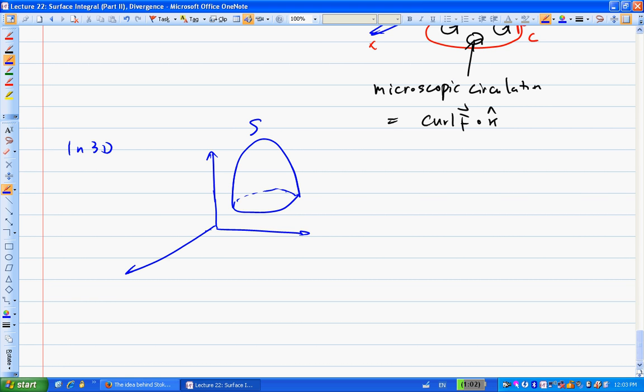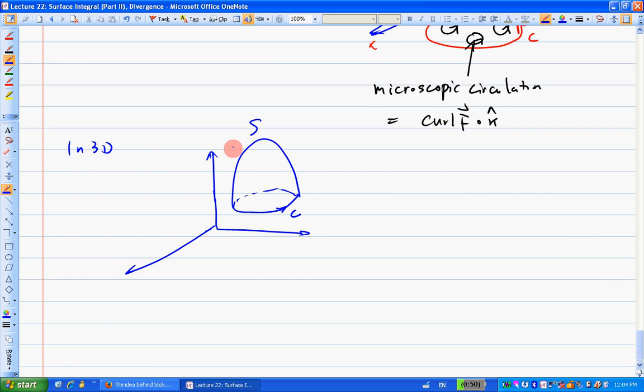So curve C is over here. There's one important thing I haven't mentioned yet. One important thing is the surface S and curve C need to be oriented compatibly. Just remember what I just said here. But let's finish this microscopic circulation first, and then we'll get on to the compatibility of the orientation.